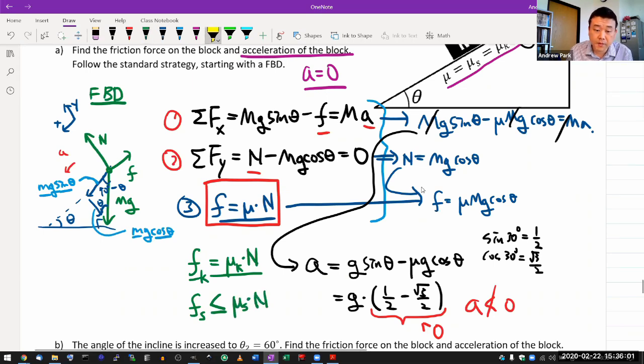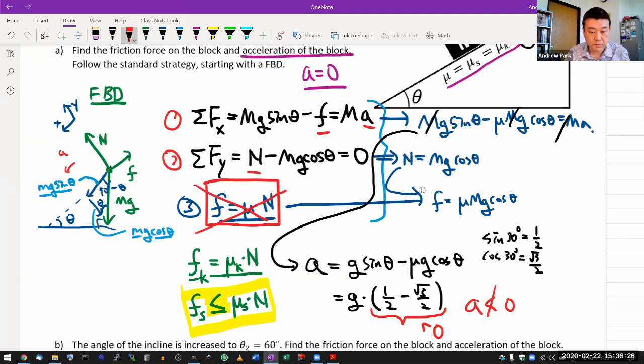But you really have to be careful with this inequality here. It tells you what the maximum possible value of friction force is. It doesn't tell you what the actual value of friction force is. So once you realize that, then you actually go back. You realize, oh, I cannot use this.